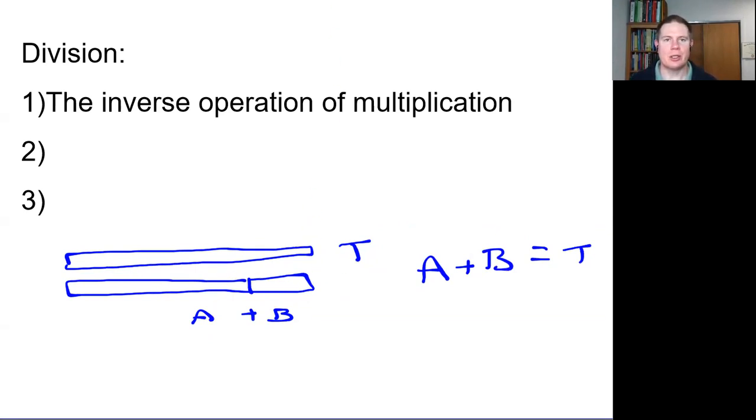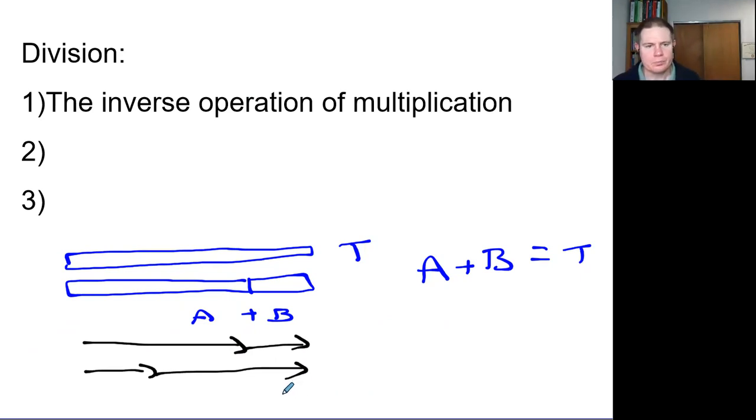If we go back to the arrows, I move A, and then I move B. Or if I flip everything the other way around, I move B, and then I move A. I'm still going to get that same amount.